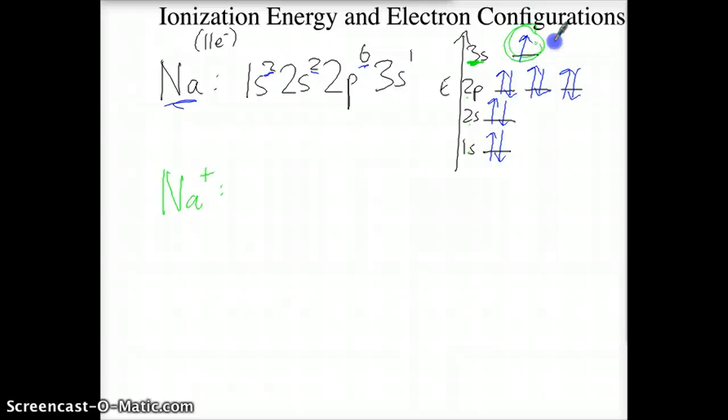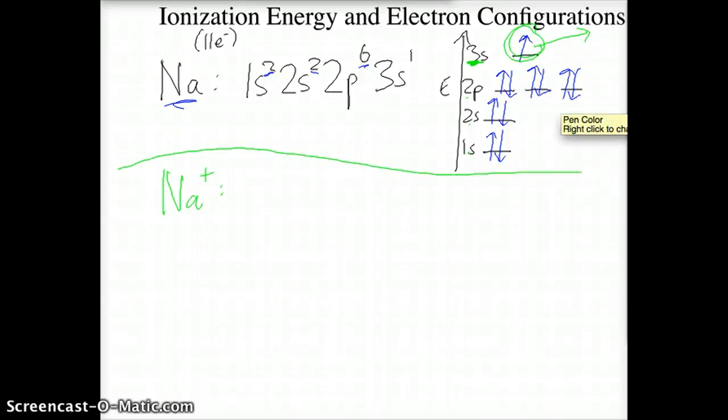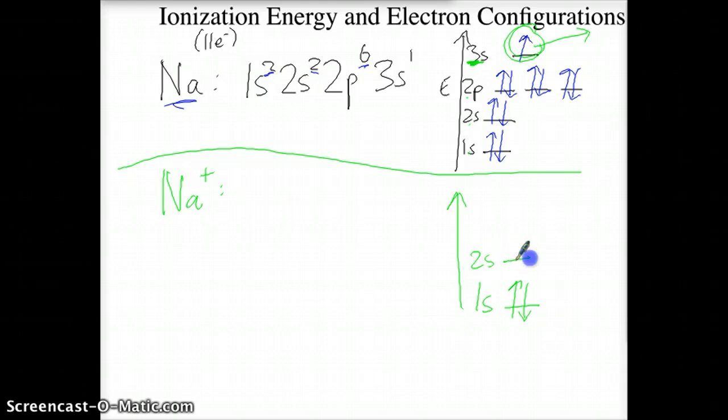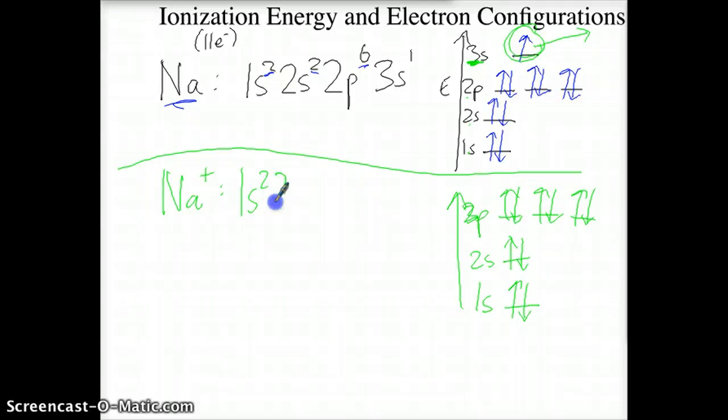So if this electron gets removed, what we would have left, if we drew the potential energy diagram again, would be 1s, 2 electrons, 2s, 2 electrons, 2p, 6 electrons. We no longer have an electron in that third energy level in the s orbital. So the new electron configuration would be 1s2, 2s2, 2p6.